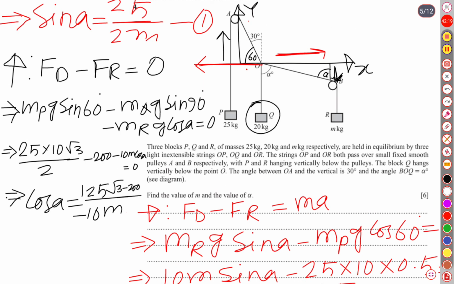There should not be any negative symbol here, because we have dissolved all of the symbols. Hence, this is 10m, 125 root 3 minus 200 over 10m. This is equation number 2.